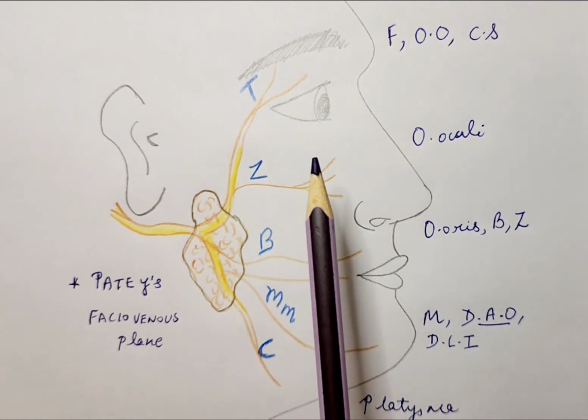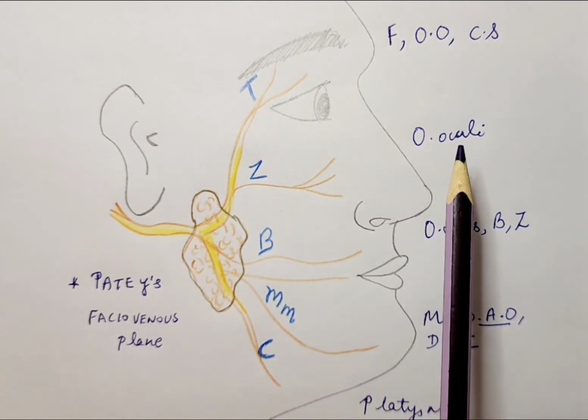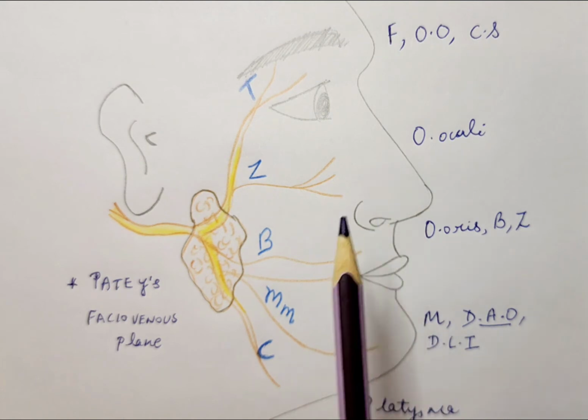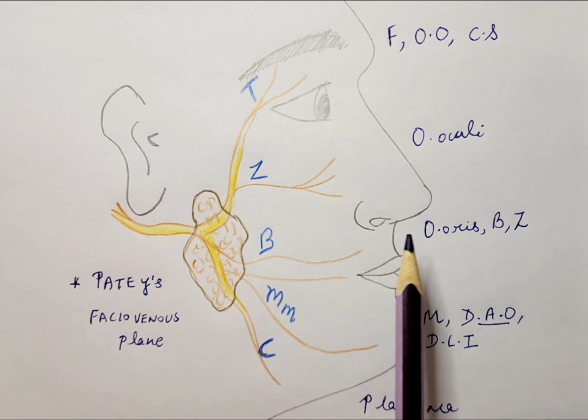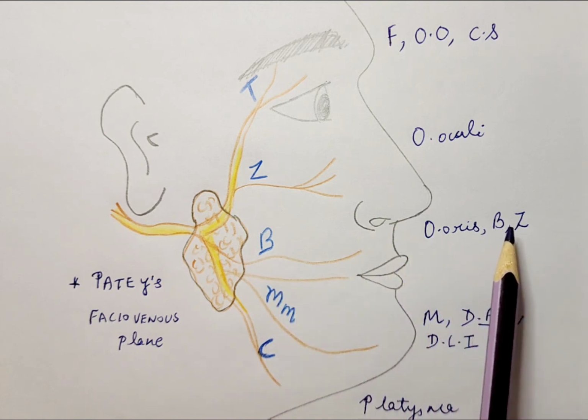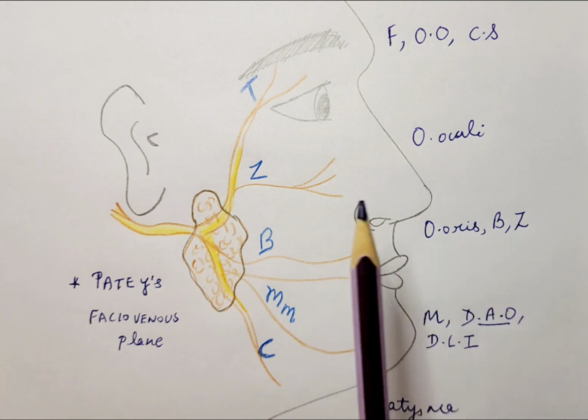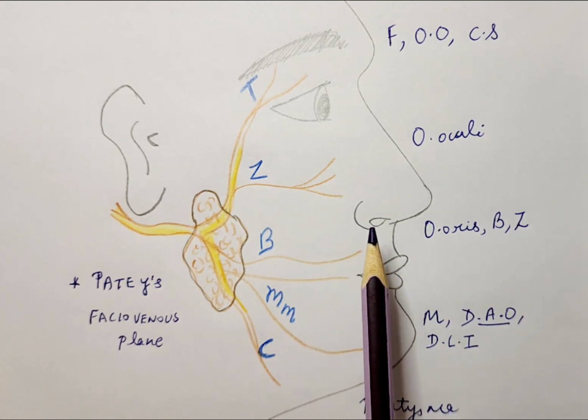The zygomatic branch will also supply the orbicularis oculi. Similarly, there is always some amount of innervation overlap between the branches. The buccal branch supplies the orbicularis oris, the buccinator and the zygomaticus. Some innervation may also come from the zygomatic branch.